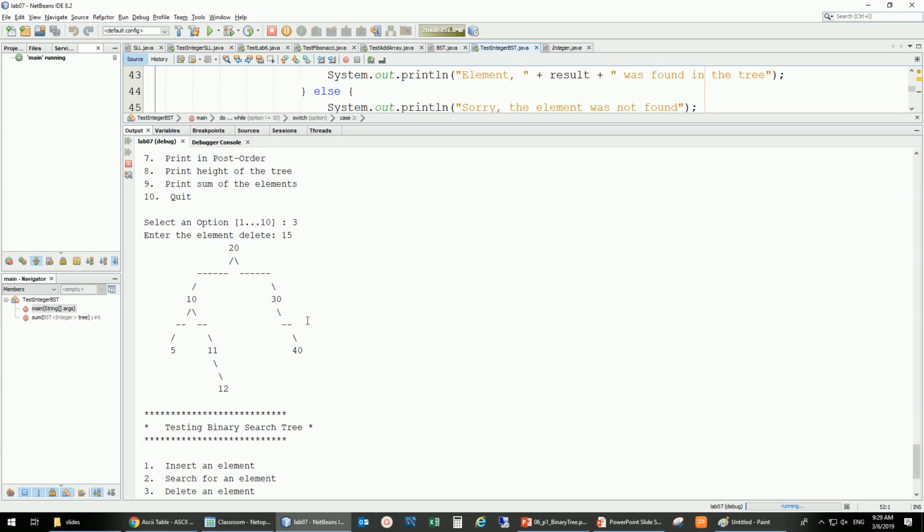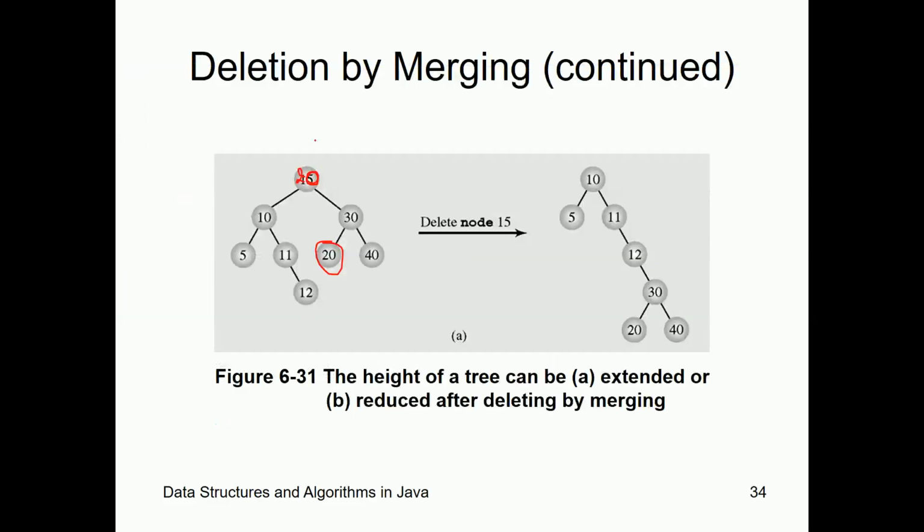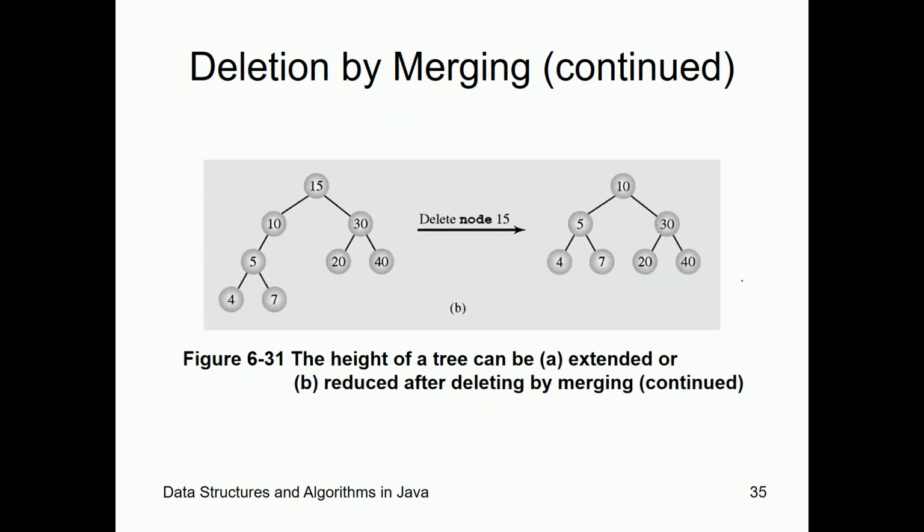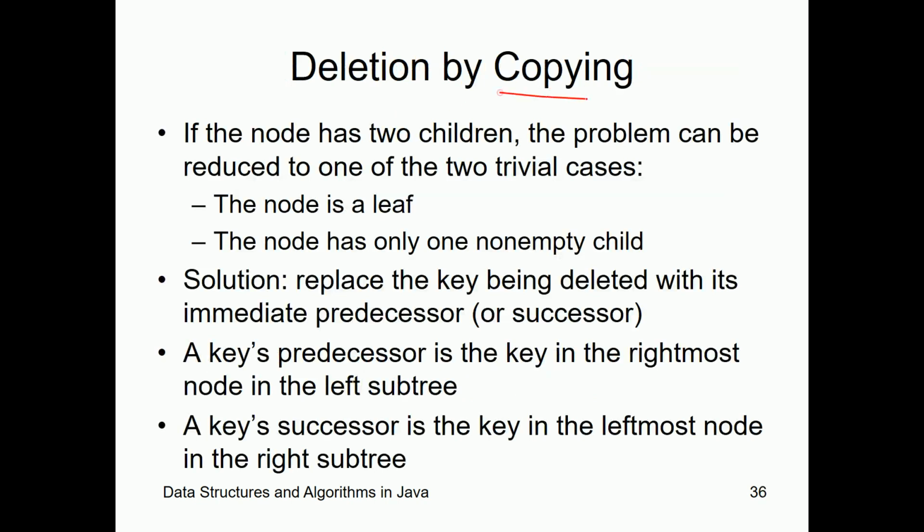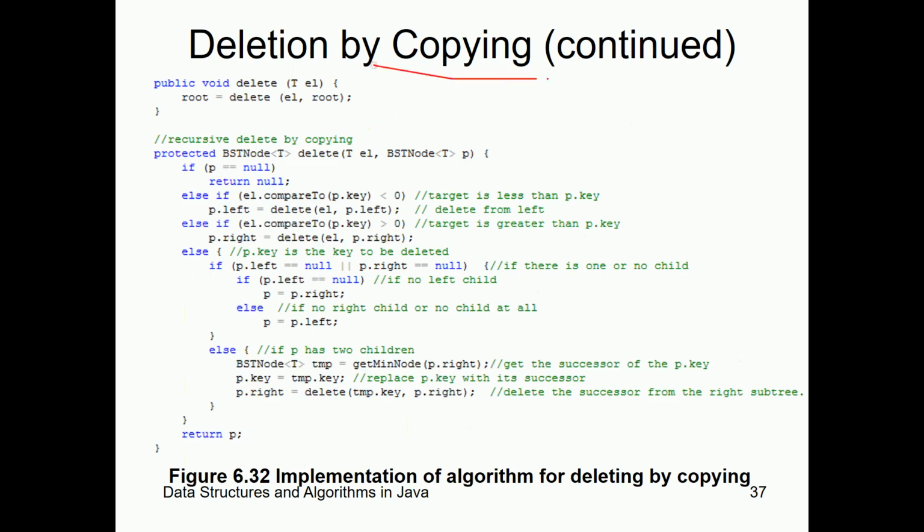But what I had to do, from the right side, I have to find the smallest one and then put it there. This is not this, yeah, I know that's similar. It's different, because this is by merging, while this is by copying.